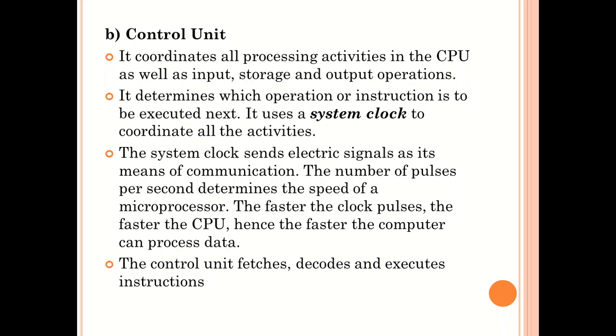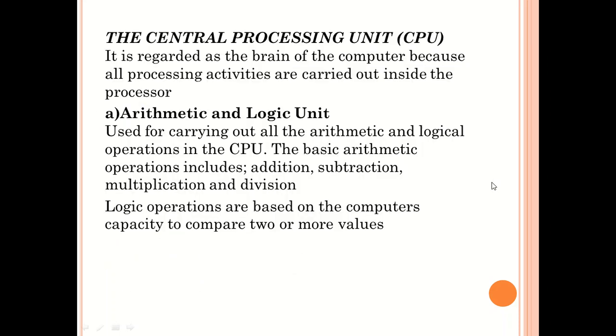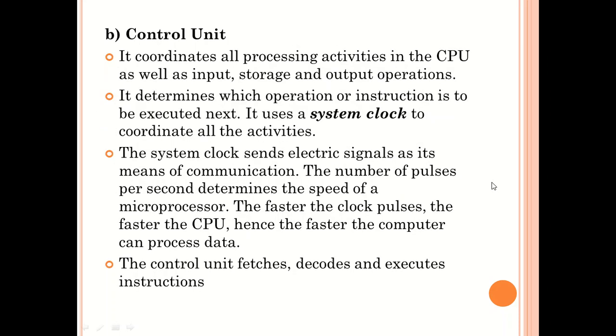All these operations must be coordinated in the CPU, and that is the work of the control unit. Another work of the control unit is to determine which operation or instruction is to be executed next. That is process management: determining which process came first, or which has the higher priority, and how to execute them.